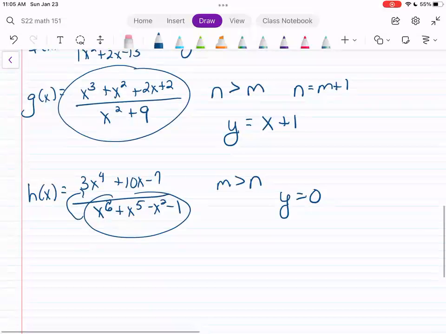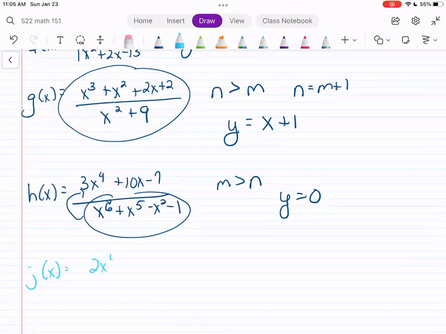And last but not least, if you had something such as this, the degree of the numerator is the degree of the denominator plus 2 in this case, so there is no horizontal or oblique asymptote.